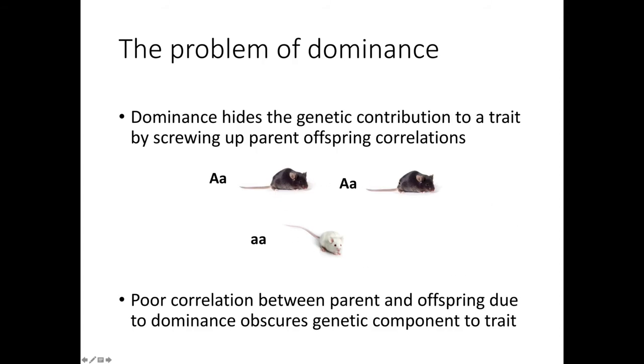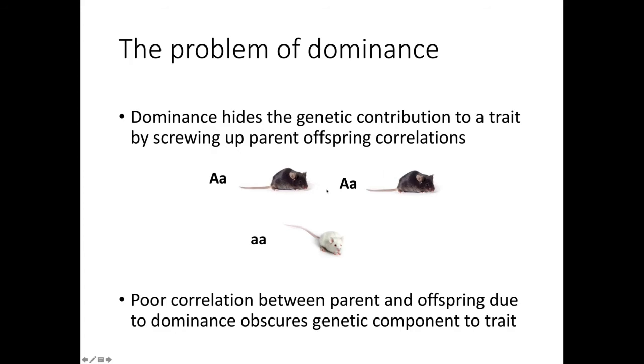However, if one were to actually look at the correlation between parent and offspring, here you have a black mouse, here you have a black mouse, you cross them together, and every once in a while you'll see a white mouse. And that's weird, because even though there is a complete genetic determination of the phenotype, clearly the parent-offspring correlation is messed up because both of the parents are black and now you have this white offspring. What's going on here is that dominance is causing a problem because there's an allele that's hidden.